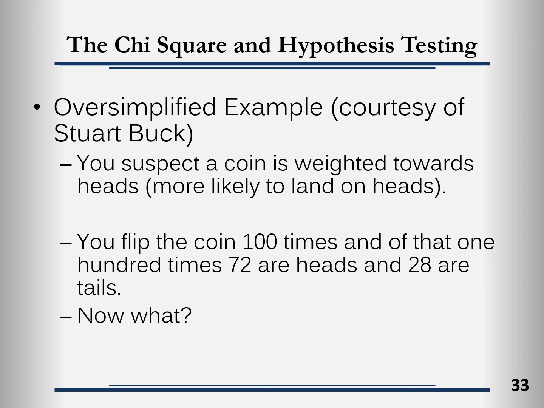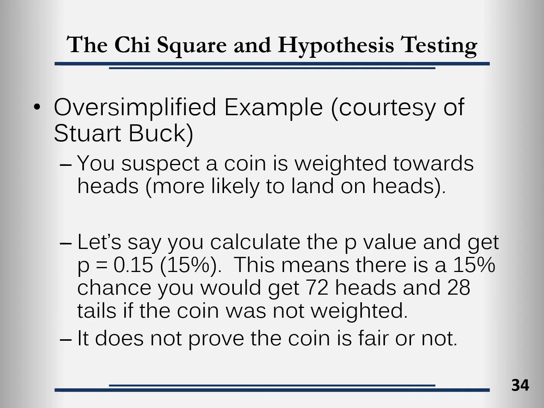With 72 and 28, it seems like there's something going on, but how will we know? That's where the chi-square test or any sort of statistical test can help us. So let's say we do the math and we calculate a p-value of 0.15 or 15%. What this means is that there's a 15% chance that you could still get 72 heads and 28 tails even if the coin was fair.